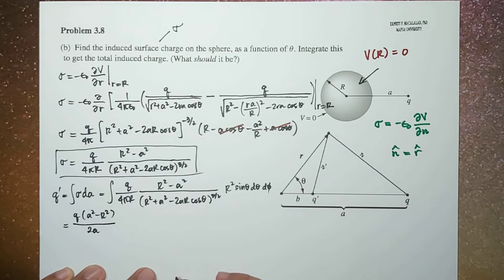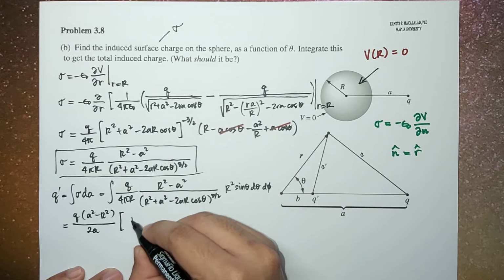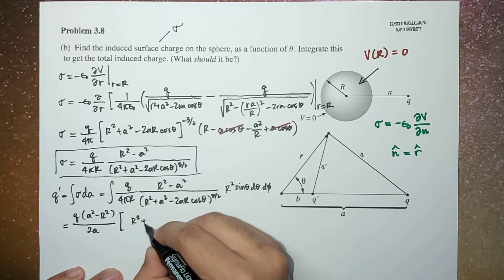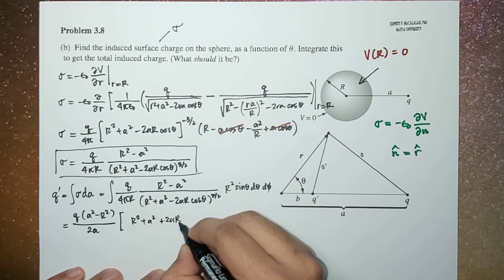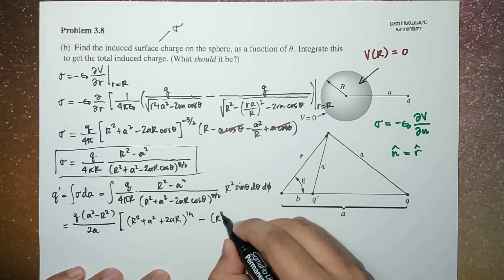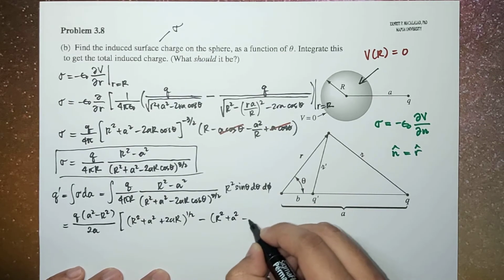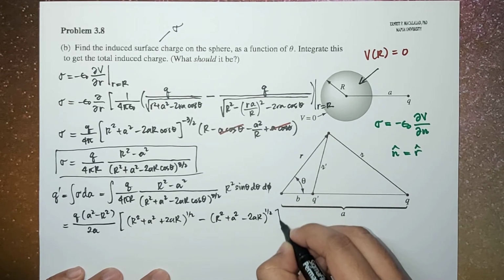Again, you can do the integration later. Okay, so now this is times R squared plus a squared plus 2aR to the 1/2 minus R squared plus a squared minus 2aR to the 1/2.